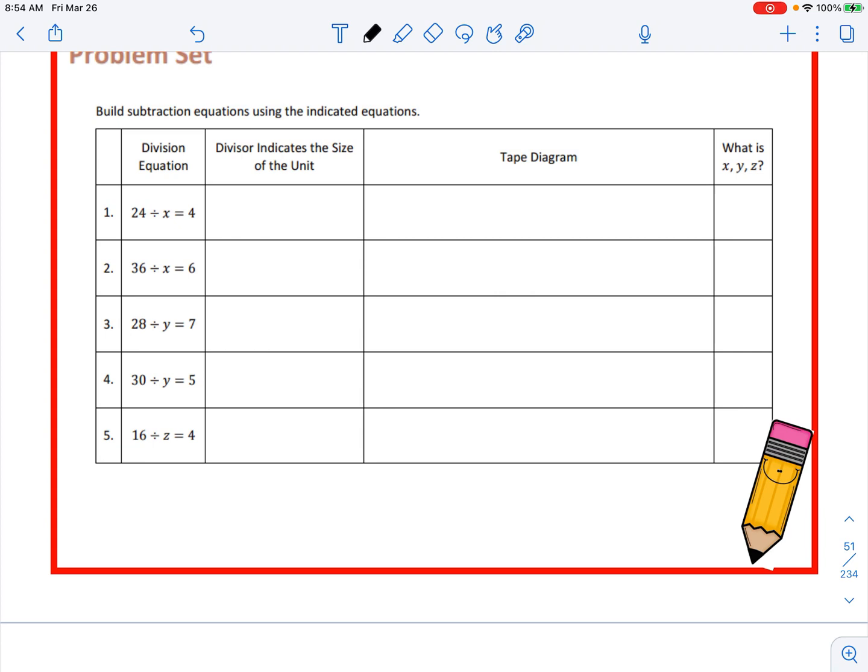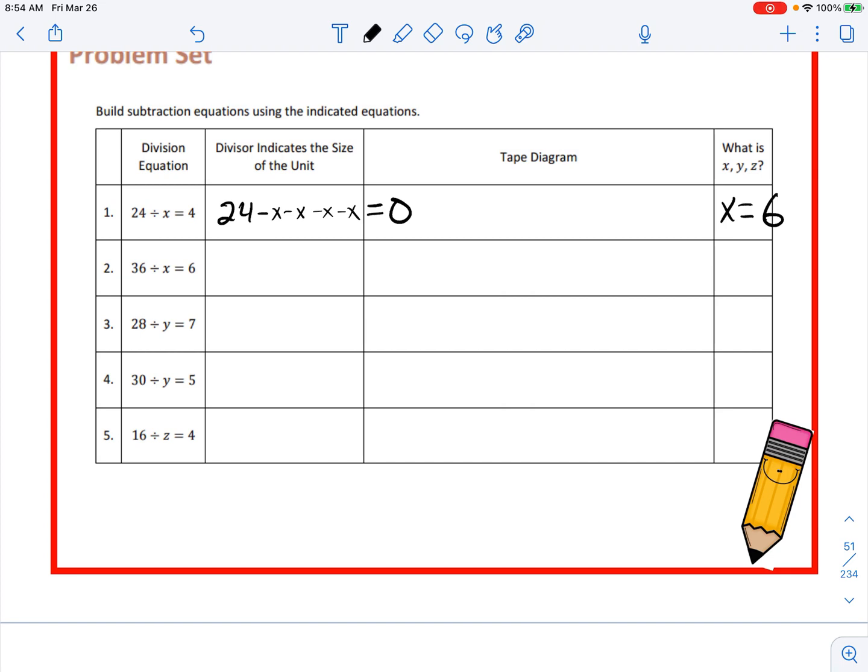Okay, we're going to subtract x from 24 4 times. Okay, so 24 minus x minus x minus x minus x equals 0. And what does x equal? X equals 6.